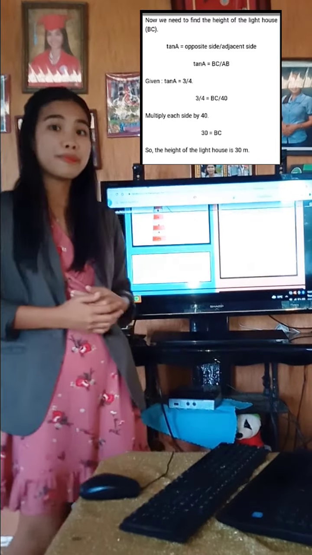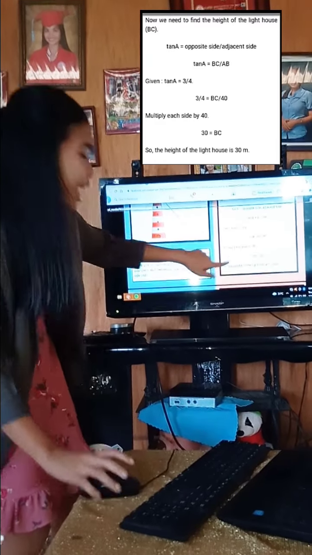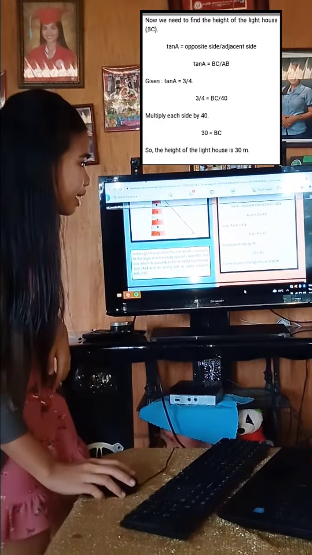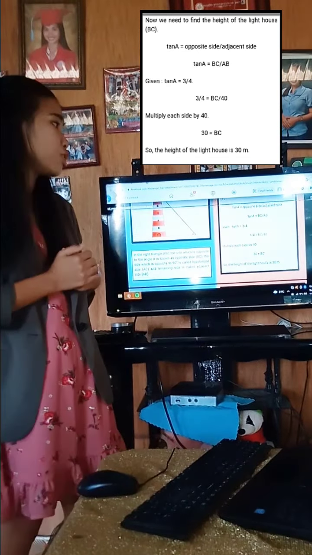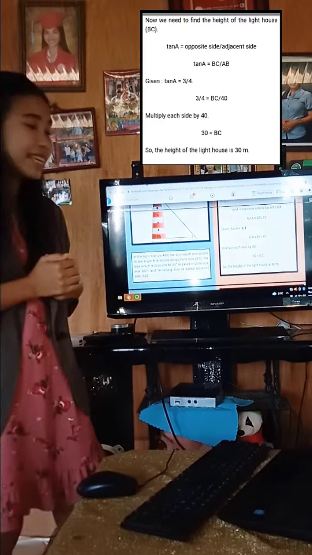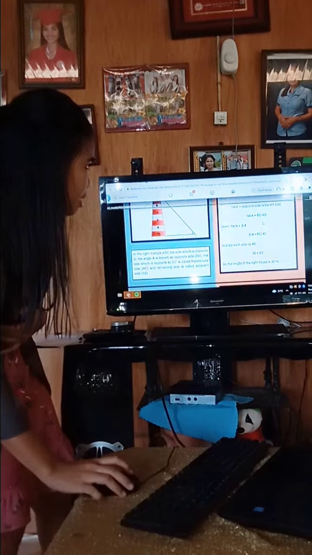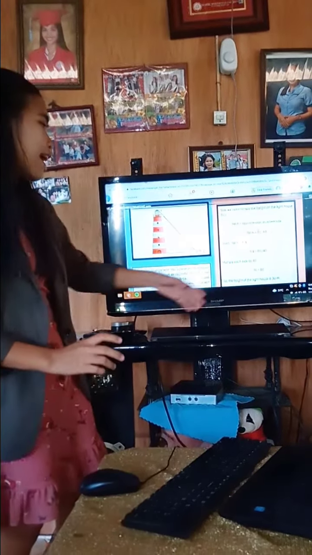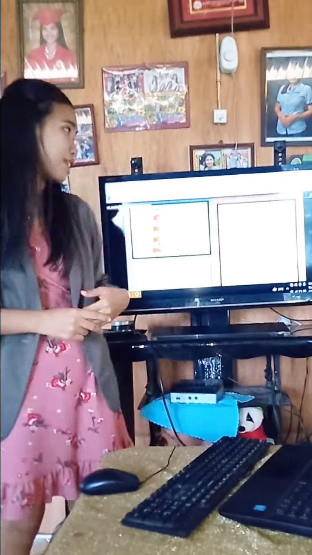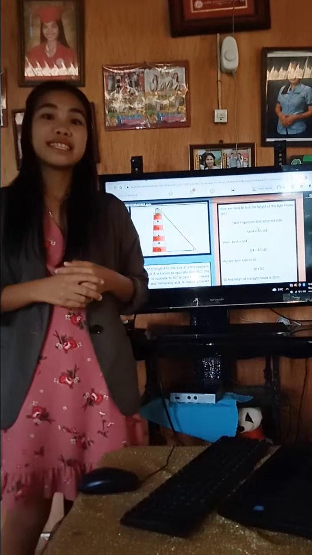As we multiply each side by 40, the answer is 30 equals BC, so the value of BC is 30 meters. The unit is meters. So the height of the lighthouse, or side BC, is 30 meters.